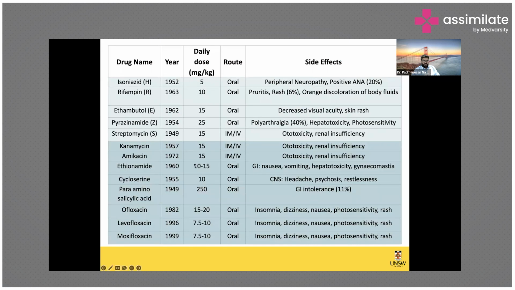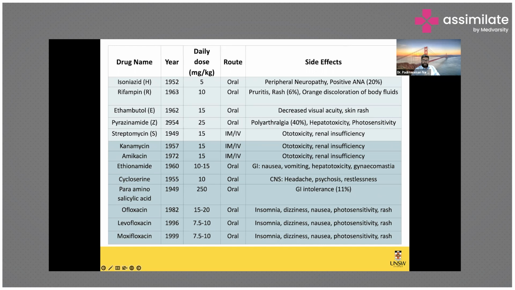And then I just want to focus a little bit on the TB drugs. I don't want to go through each and every one, but just want to highlight the year of discovery of these drugs. You can see that isoniazid was discovered in 1952, rifampicin 1963, ethambutol 1962, pyrazinamide 1954, streptomycin 1949.